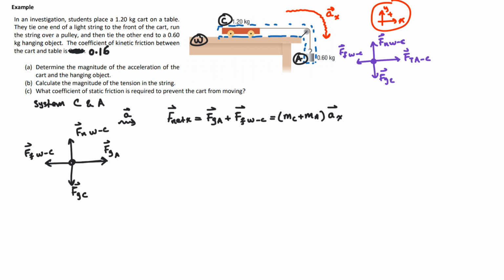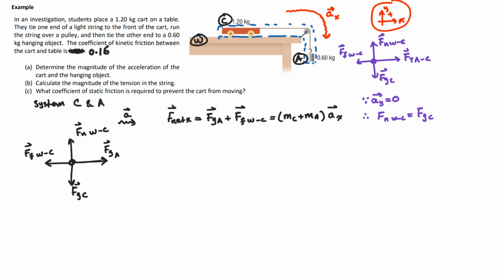And therefore, the magnitude of Fn is equal to the magnitude of Fg. So I will write that here. Since acceleration in the y direction equals 0, the magnitude of Fn W C is equal to the gravitational force C, and that's because they need to balance each other out.